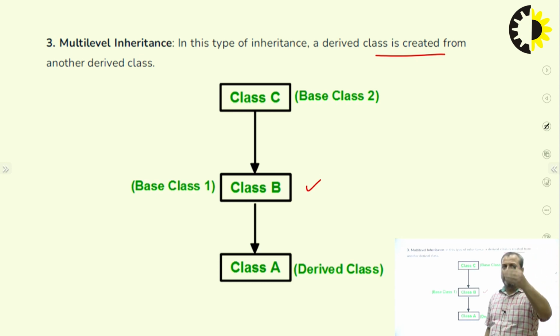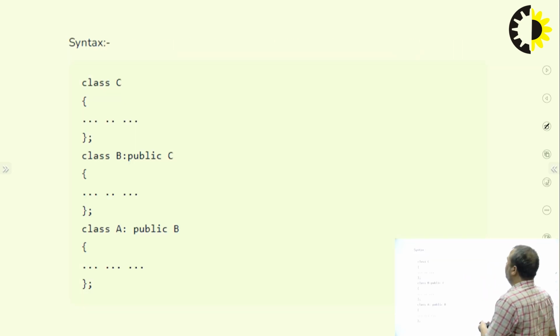So more than one level, right? One level, second level, and so on. This is the syntax.